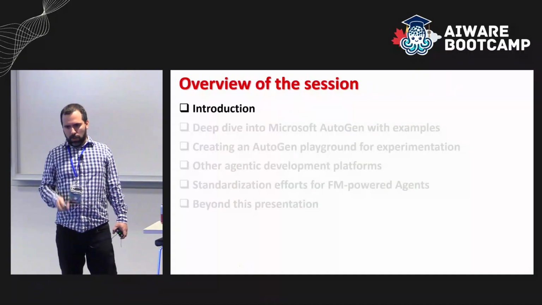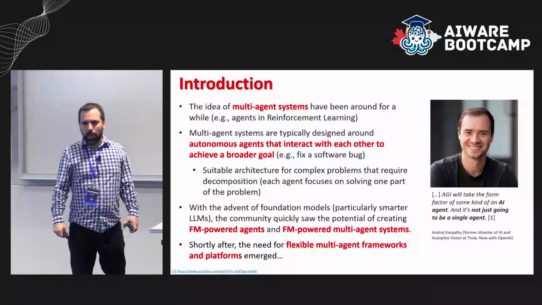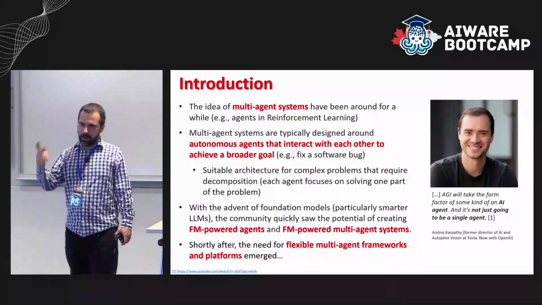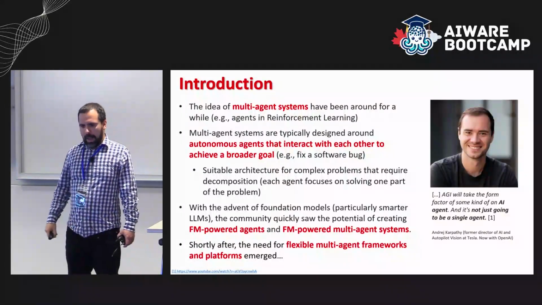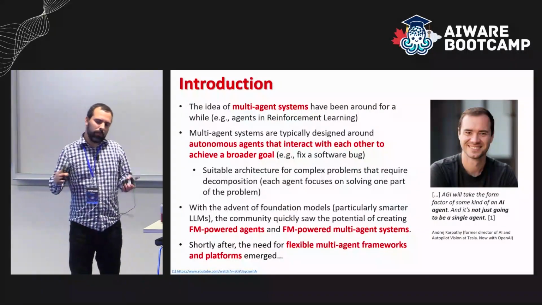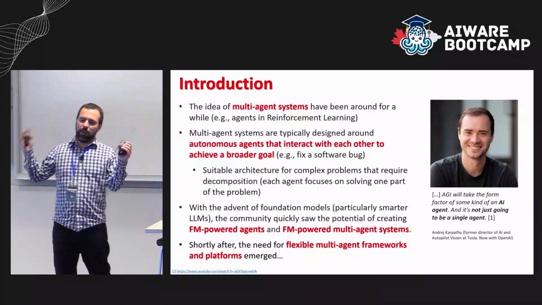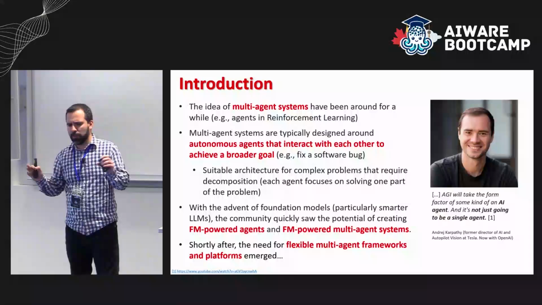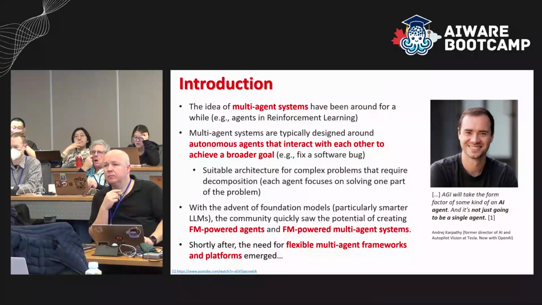Okay, so introduction. This idea of multi-agent systems has been around for a while, as Kehelia pointed out. He presented different concepts, but here is more of a pragmatic view, perhaps.